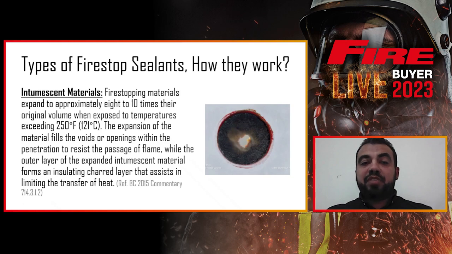The expansion of the material fills the void. So if we have a plastic pipe or a cable, the cable will leave the hole and the plastic will melt, and then you have a big hole. In this case, you have a material that has the ability to expand and close the void.